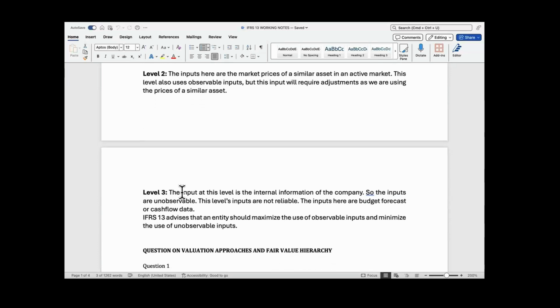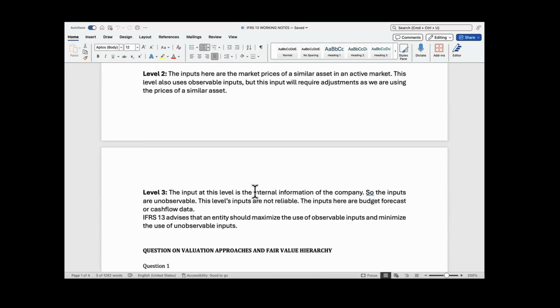Level three, we do not encourage it, because this is only applicable for assets where there is no publicly available information, and you're restricted to the company's internal data. And of course, it's typical when you want to value a business, like a startup company, for example.